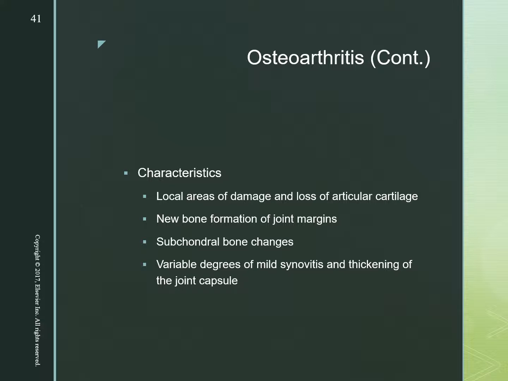I didn't mention this on the last slide, but endocrine disorders include hyperparathyroidism. Characteristics include local areas of damage and loss of articular cartilage, new bone formation of joint margins, subchondral bone changes, variable degrees of mild synovitis, and thickening of the joint capsule.